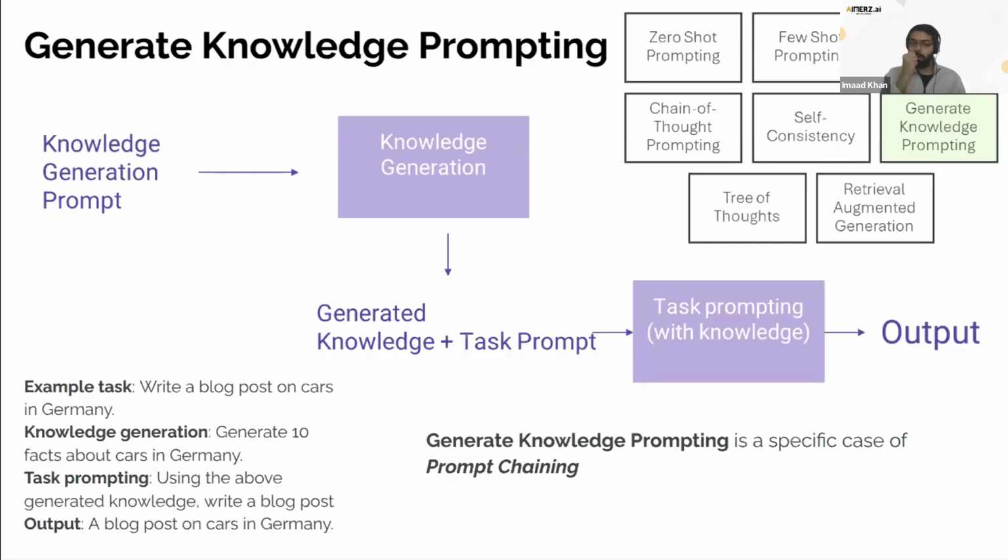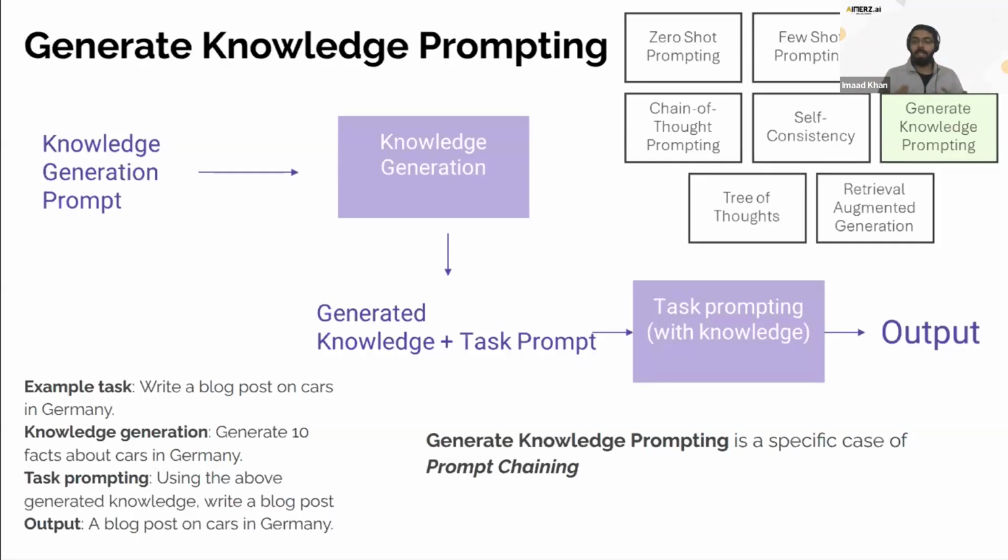So this is one way of splitting your task into different sections and then chaining each section to come up with the final output, right? You had one task of writing a blog post on cars in Germany. You split that into two different LLM calls, knowledge generation and task prompting with the generated knowledge, and you chained them together.